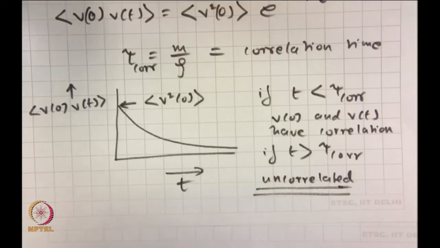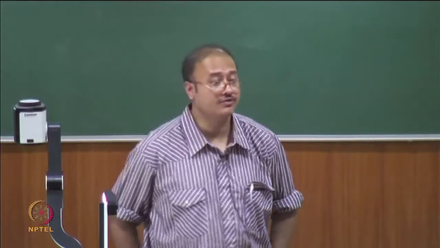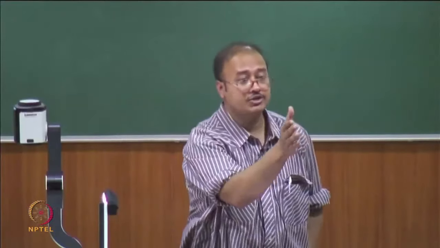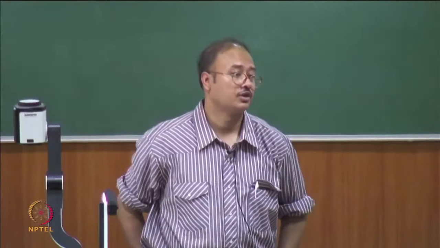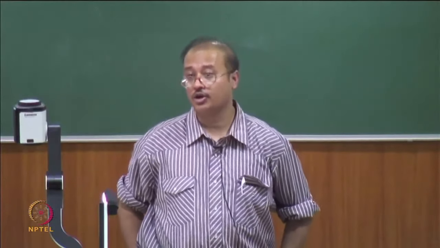Any particle would have a certain velocity, a position too, and some force too, as we said: position correlation, velocity correlation, force correlation. These correlations would be decaying as a function of time according to this tau correlation.